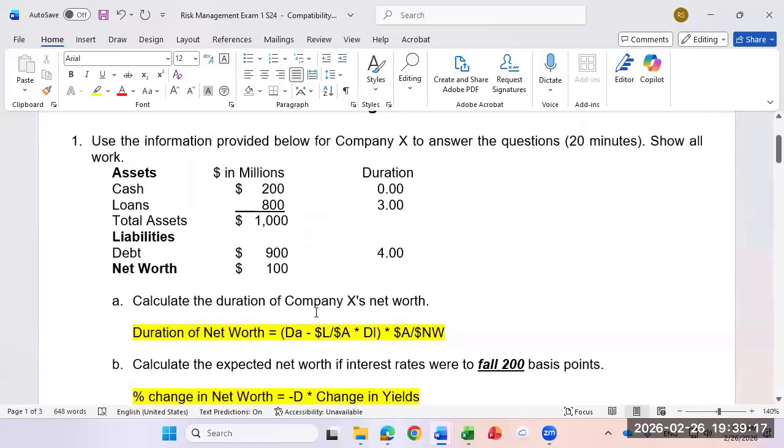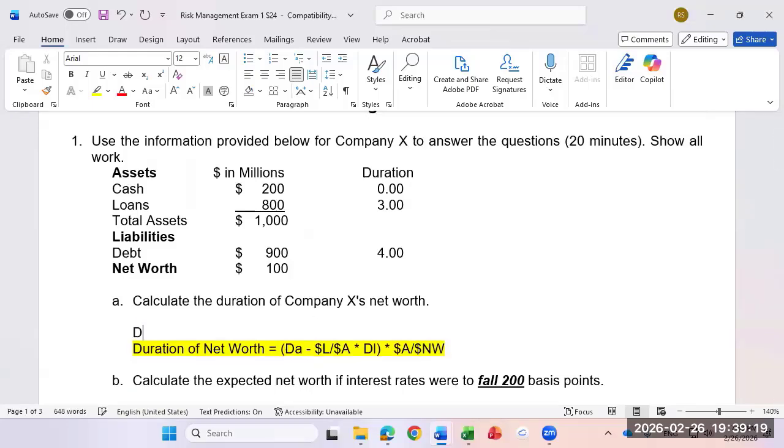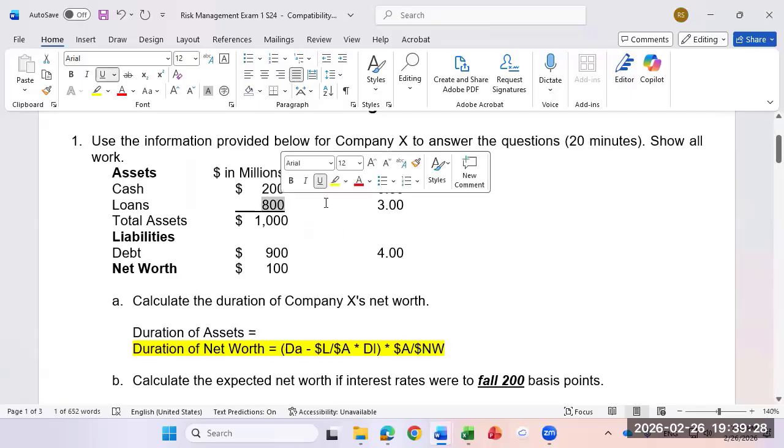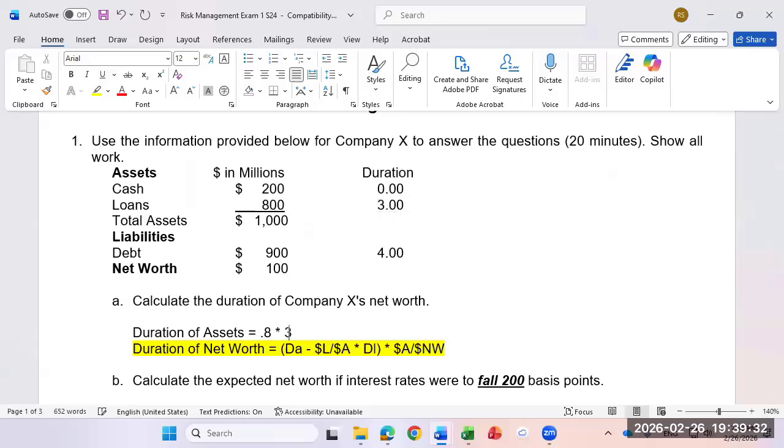You do have to do one extra calculation here, and that is get the duration of assets. But the duration of cash is 0, so it's pretty straightforward. 80% of their loans have a 3-year duration. So 0.8 times 3 is going to equal 2.4 years for your duration of assets.